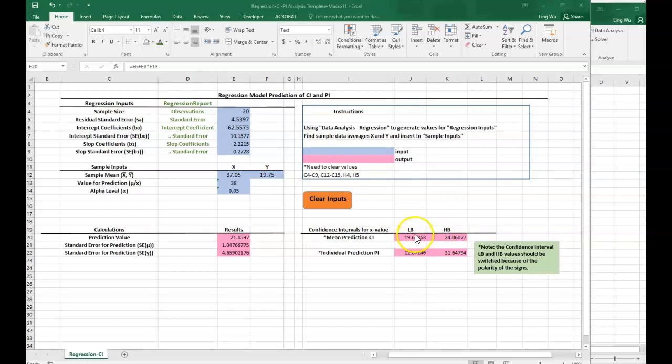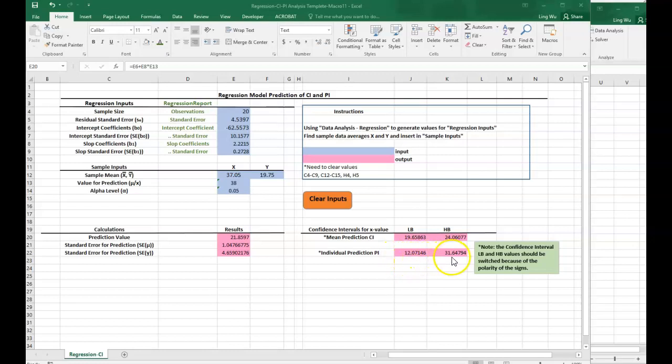Another value is if this 38 is an individual person's waist size, and we want to do the individual prediction. Because the sample is only one, we can treat that one person as one sample. So the individual prediction will have a wider range.